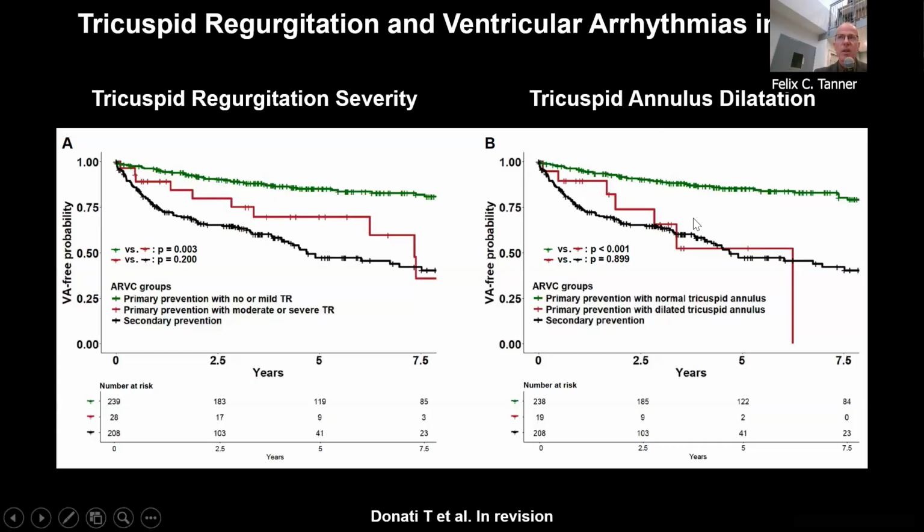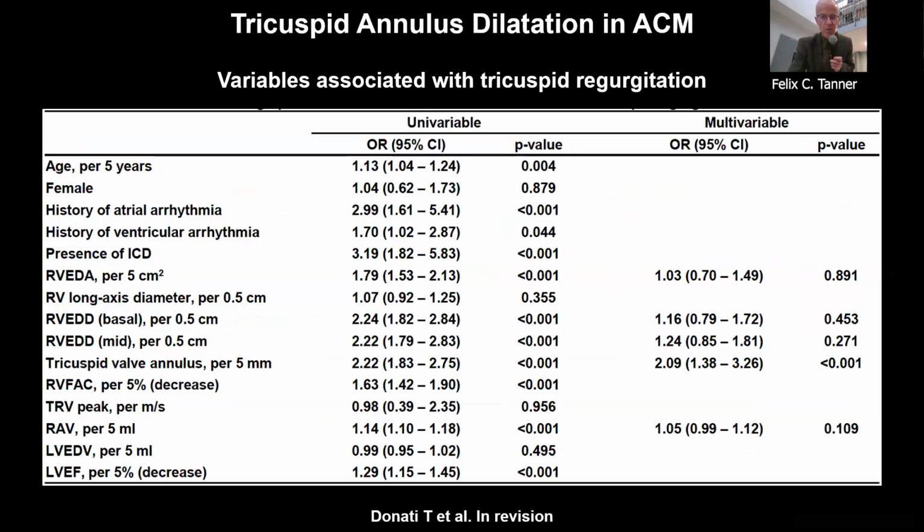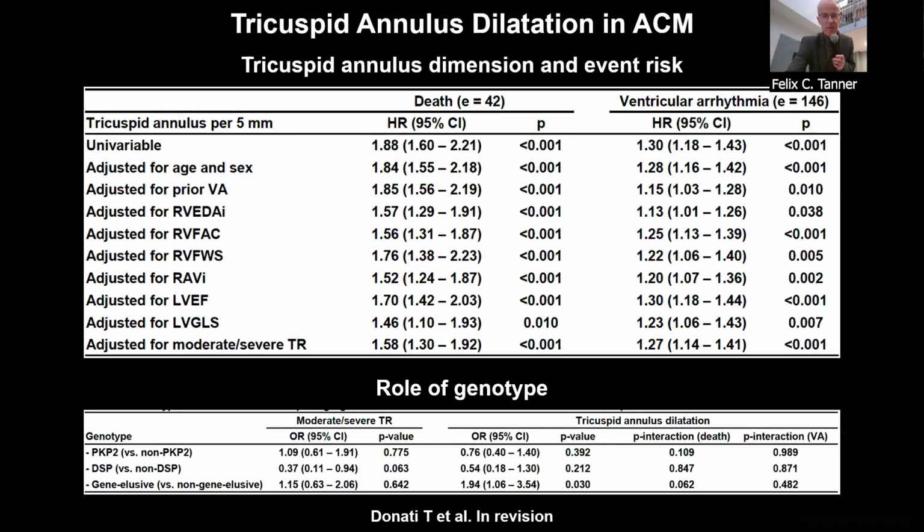And the same, even clearer, we see with tricuspid annulus dilatation. When you have a dilated tricuspid annulus leading to a severe tricuspid regurgitation, your risk is equalized to a patient in secondary prevention. And this, I believe, is really an important finding which illustrates very well that we should not only look at the ventricle in such patients, we should also look at the atria, and even we should look at the valves.